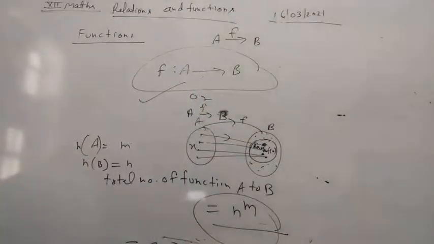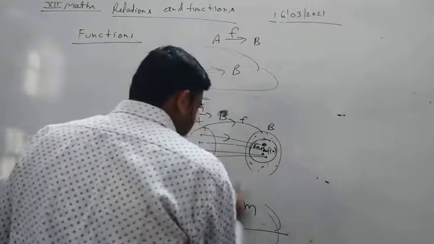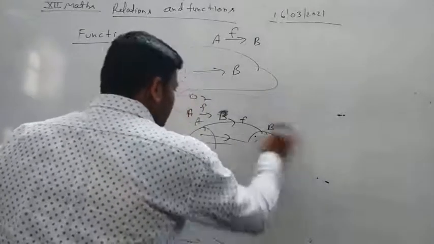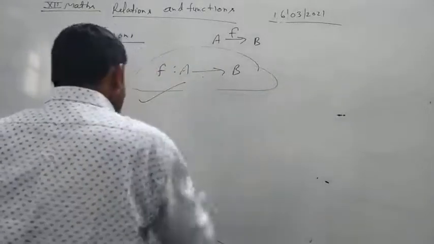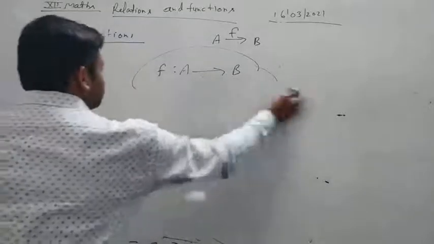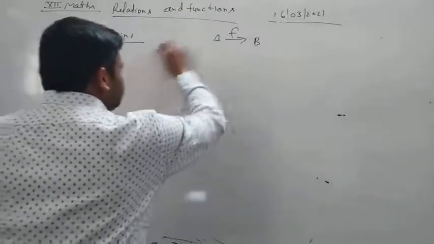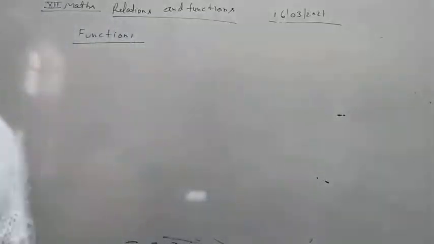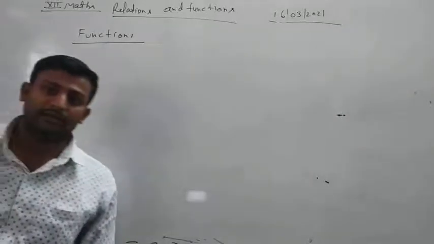Now, students, we see different types of functions. The first is the constant function. So we see what is a constant function. I think you understand the definition of function.